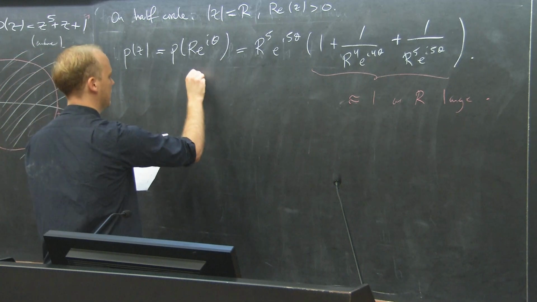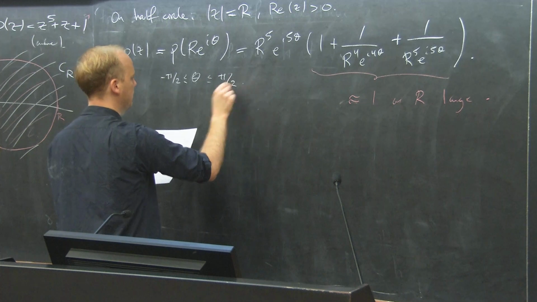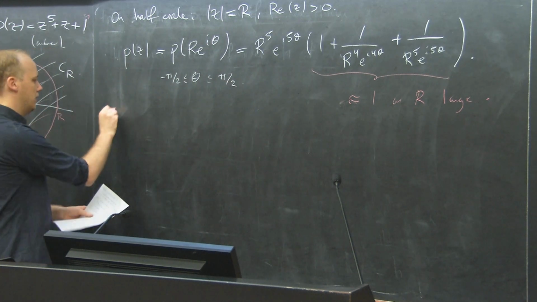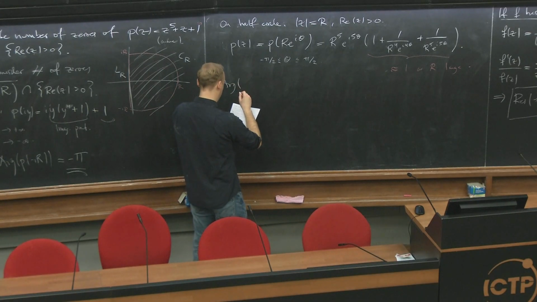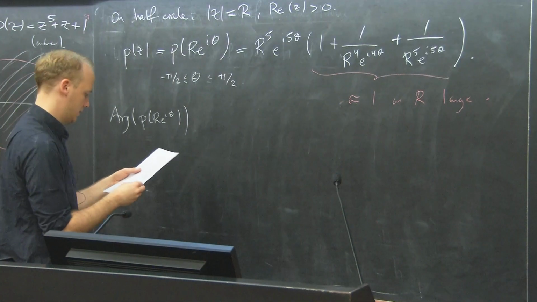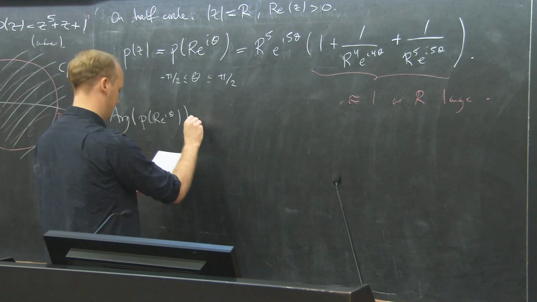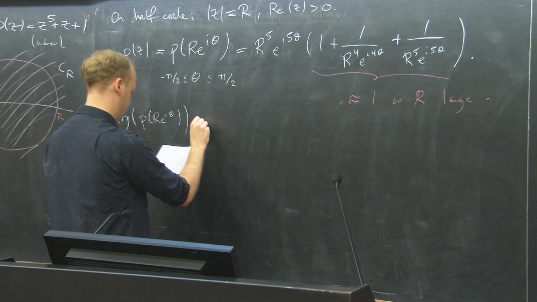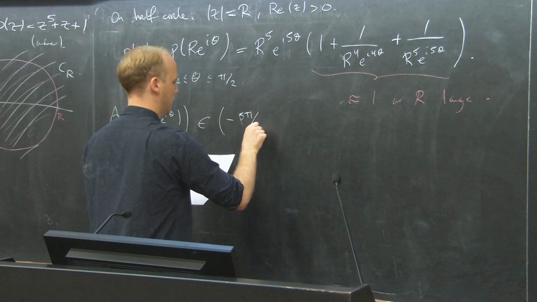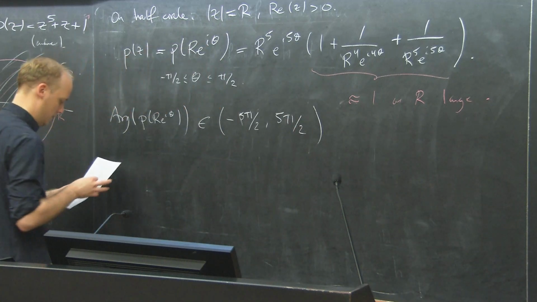So here theta, I can say that it's from minus pi half to pi half, because I was in the right half plane. And then the point now is that the argument of this thing is in the interval minus 5 pi half to 5 pi half.